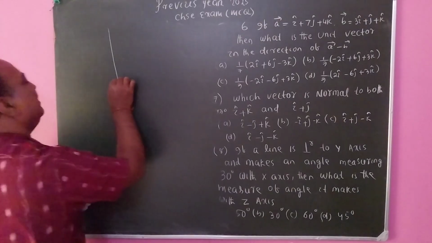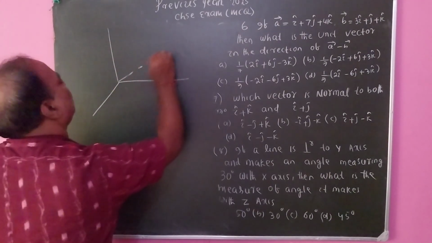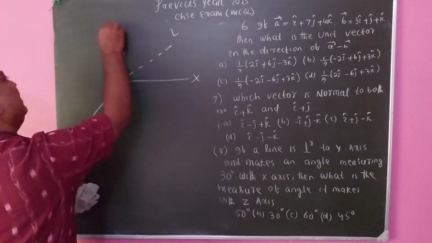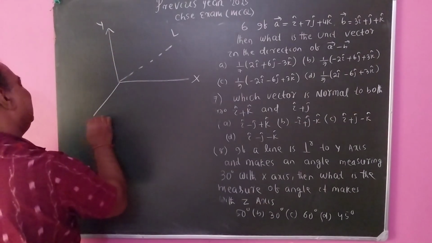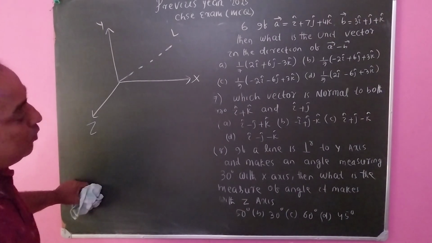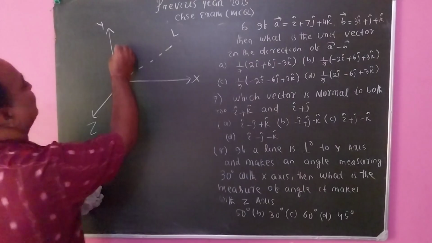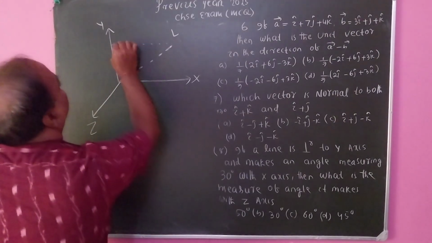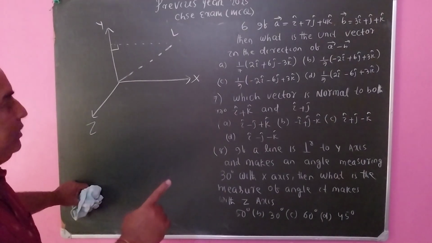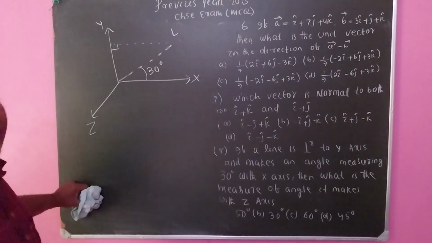This is a line. Suppose it is a line LA. It is X, it is Y, it is Z: X axis, Y axis, Z axis. This line is perpendicular to Y axis and making an angle 30 degree with x axis.